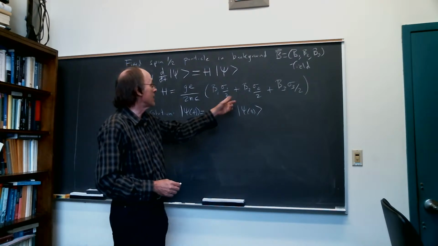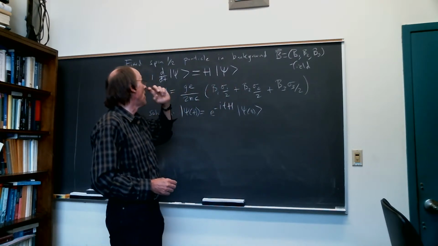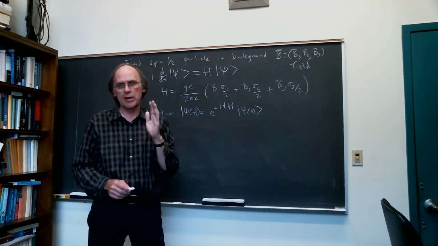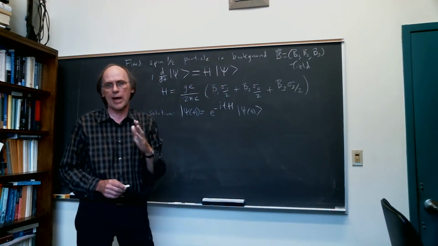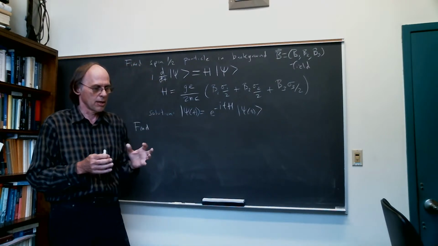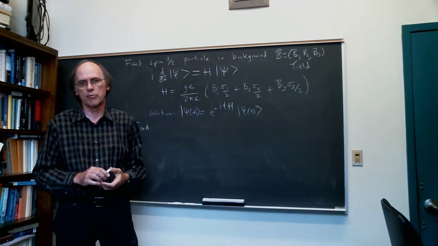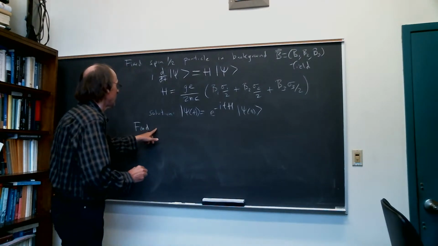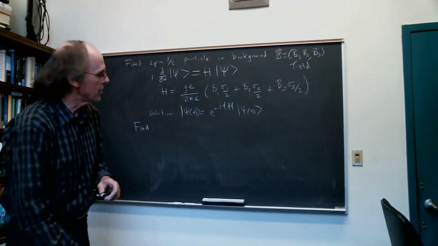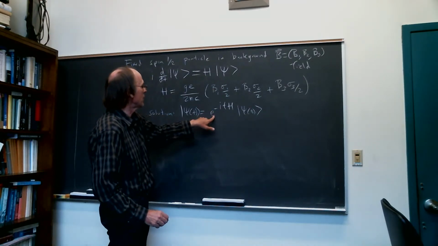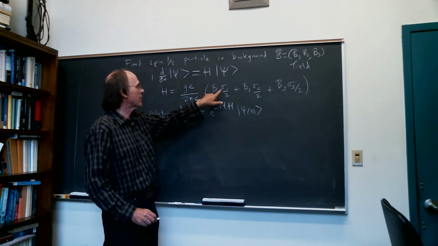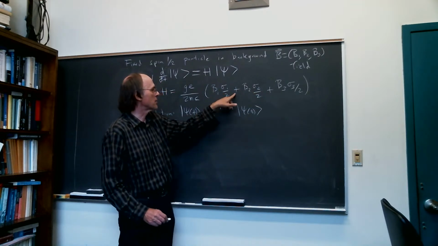But here we're thinking of this C2 degree of freedom as a fundamental spin one half degree of freedom, which carries some relationship to rotations. Then what you find is that you're basically exponentiating this B vector dotted with the sigma vector.